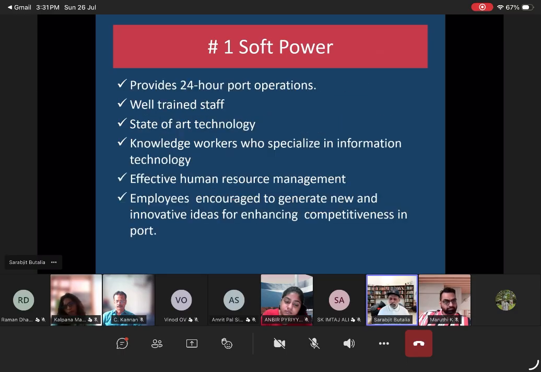24 hours port functions, well-trained staff, state-of-the-art technology, knowledge workers. That's why many of us work there, because they only have 5 million people. So effective human resource management, employees are encouraged to innovate.